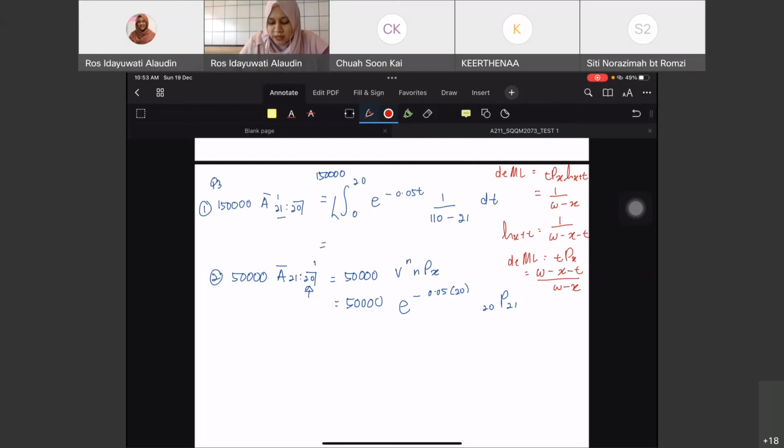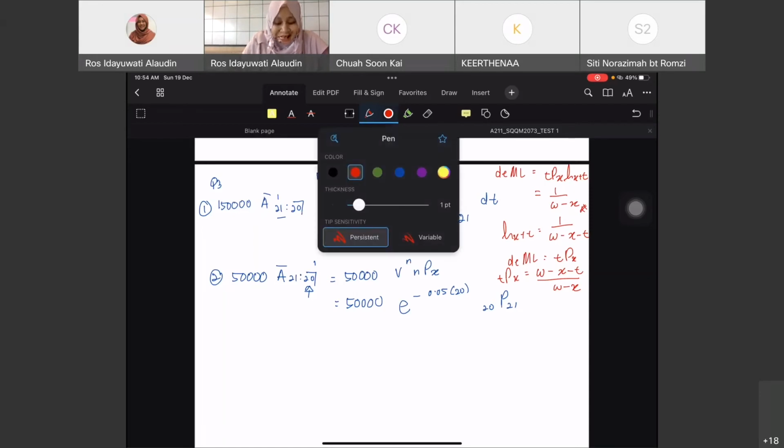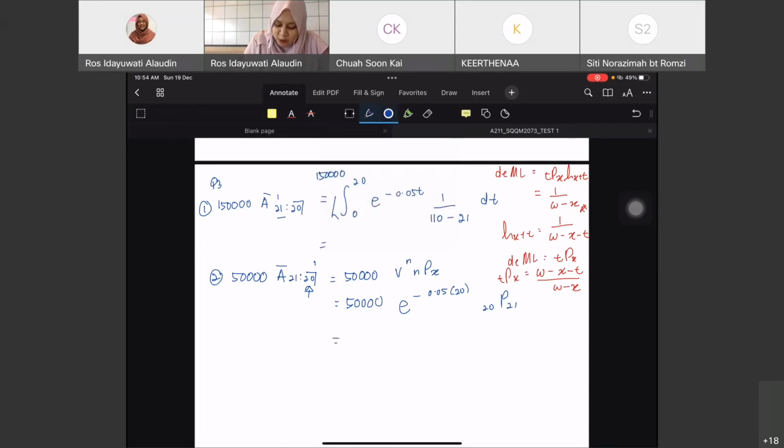That's why when we multiply the tpx with the mu x plus t, we get 1 over omega minus x. We cancel out the omega minus x minus t. So now we only need the tpx. We don't need the mu x plus t.